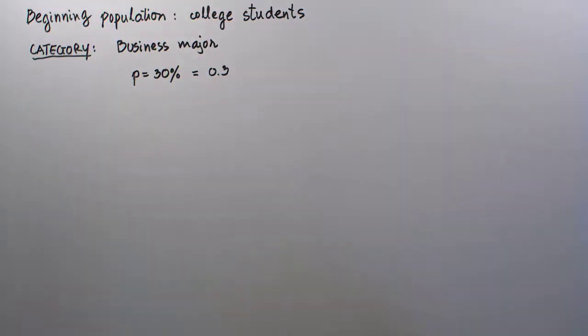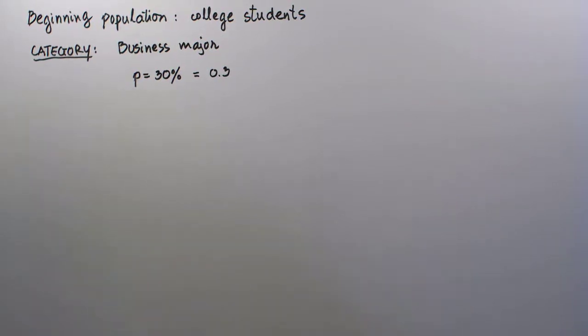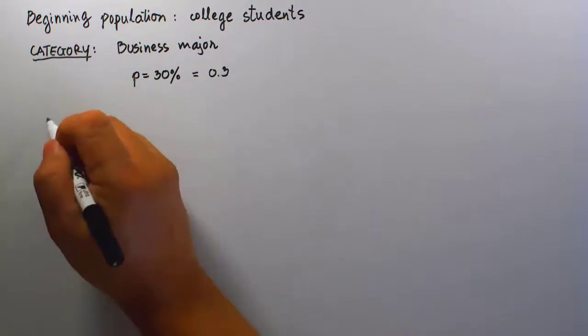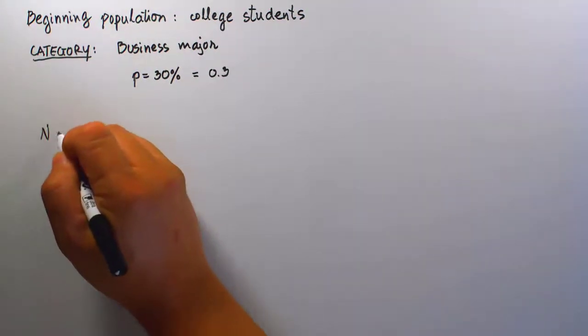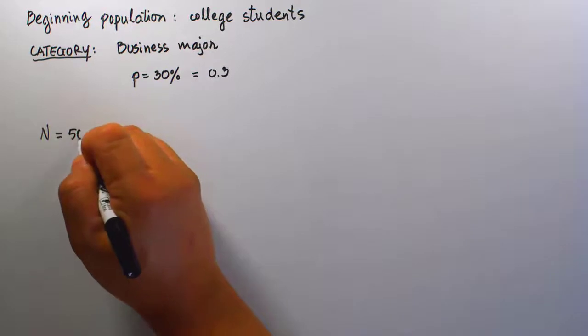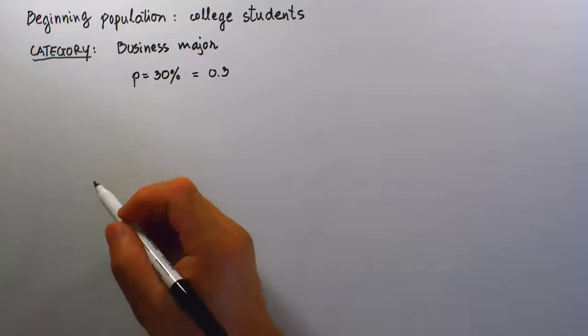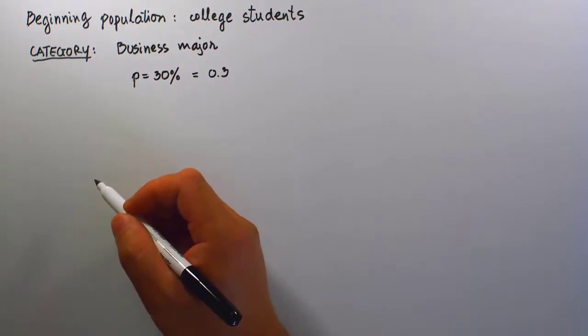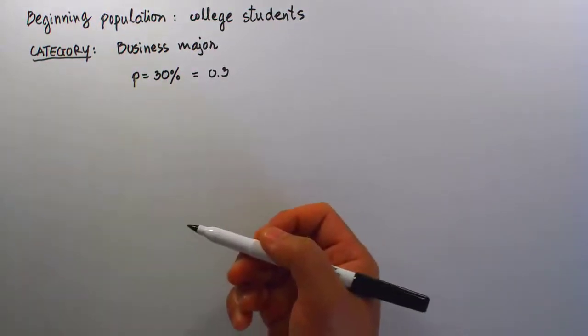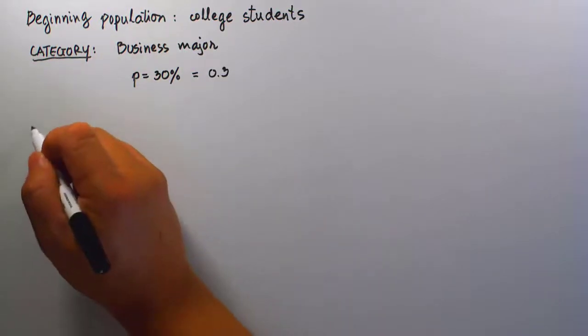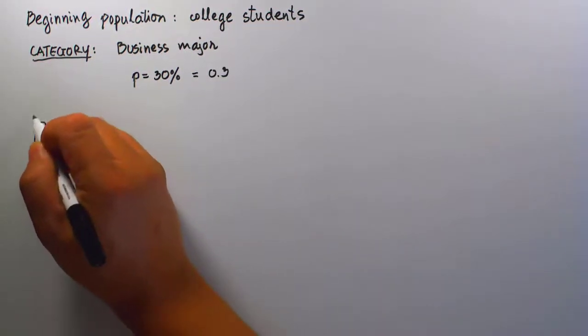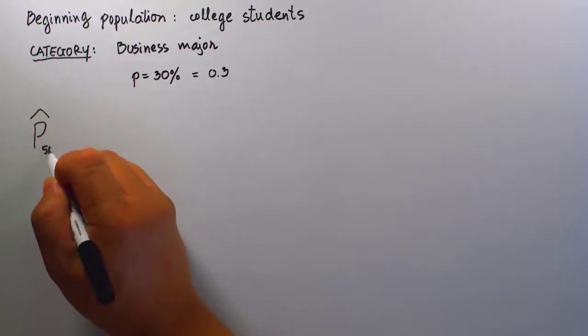From this beginning population, we are now going to select a sample of 50 college students. That immediately gives the impression that the sample size is now changed to 50. As we have seen the idea of sampling distribution of the proportion often enough, I'm going to start picking up the pace a little bit. We are now going to define a capital P hat with the subscript 50.